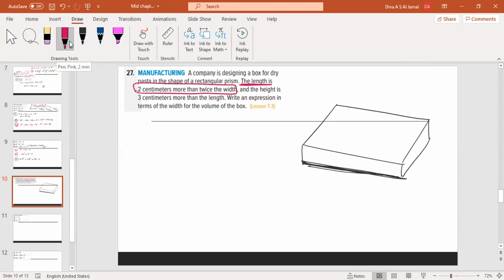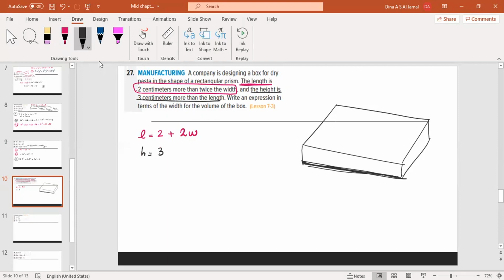So he gave you a relationship between the length and the width. He told you that your length is 2 centimeters more than, that means addition, twice the width, 2 multiplied by your width. And he continued, your height is 3 centimeters more than the length.